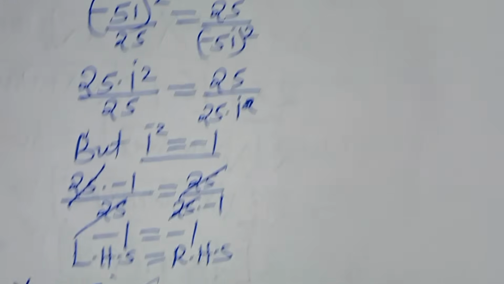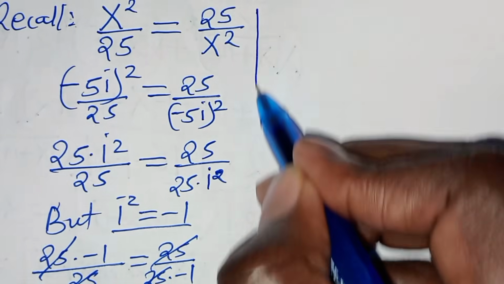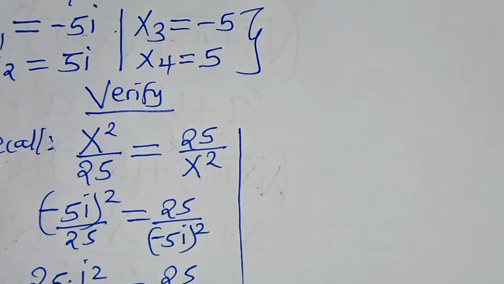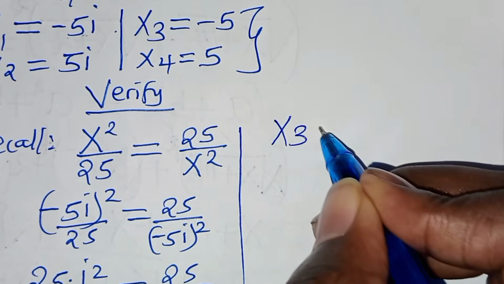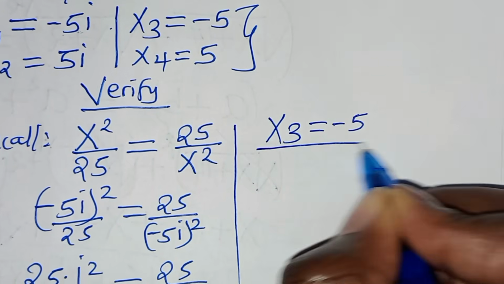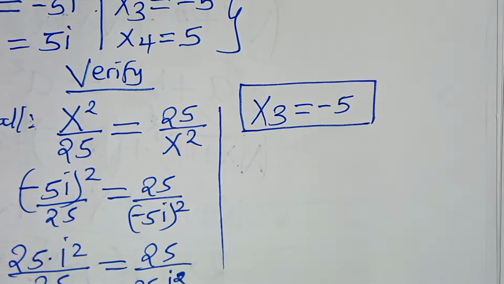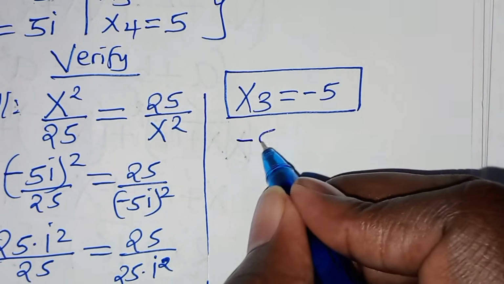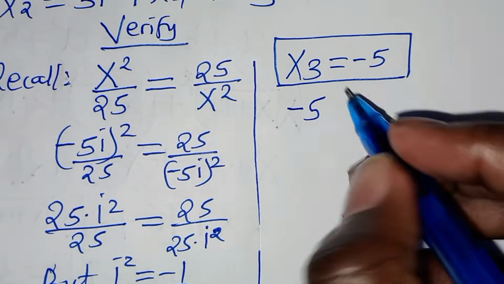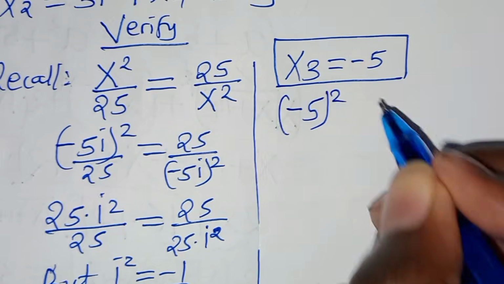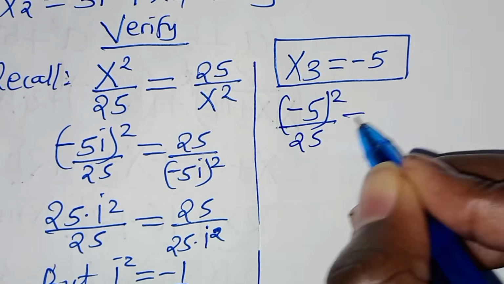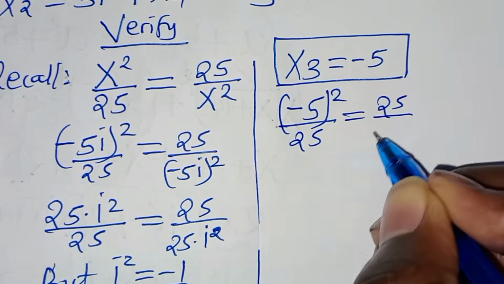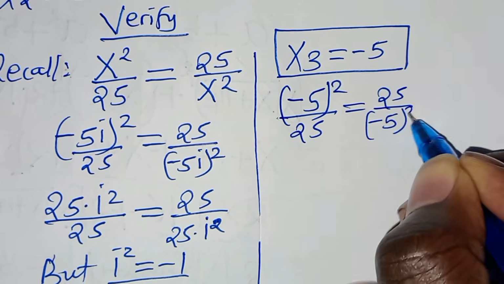So let's check x3 and x4 from here. x3 is equal to negative 5. Let's substitute this. So we have minus 5 squared over 25, equal to 25 over minus 5 squared.